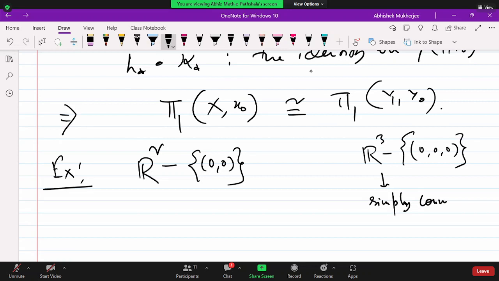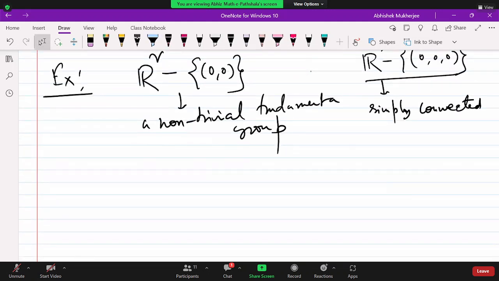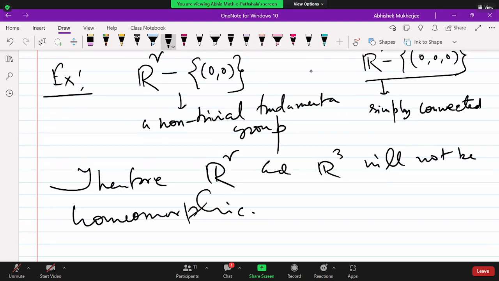So that means this space will be having trivial fundamental group, but it will be having non-trivial fundamental group, right? So in view of this, you can say that R2 and R3 are not homeomorphic, right? So therefore, R2 and R3 will not be homeomorphic. Great.